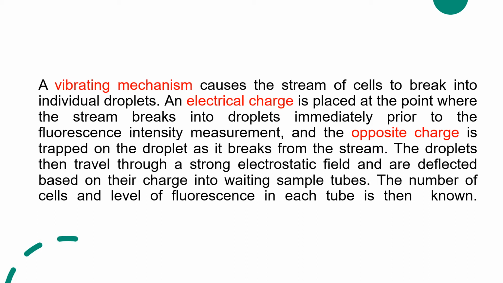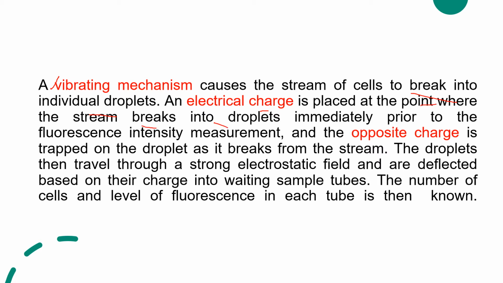When the fluid is going to pass out from the nozzle, a vibrating mechanism causes the stream of cells to break into individual droplets. At a time, only one droplet can pass through the nozzle. After this, an electrical charge is placed at the point where the stream breaks into droplets.